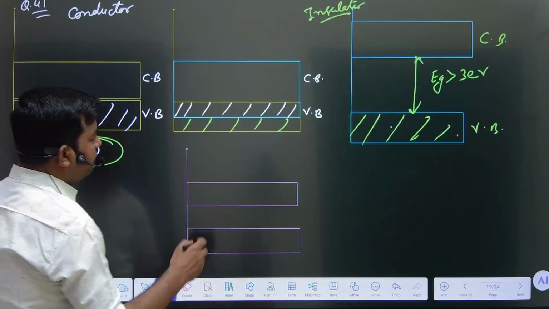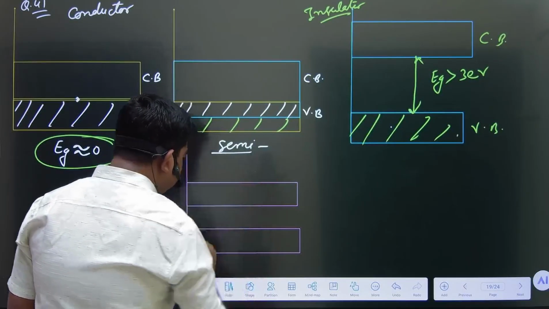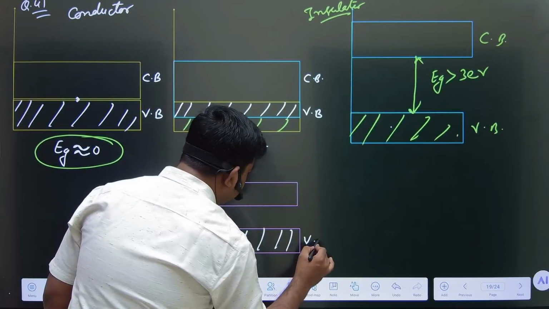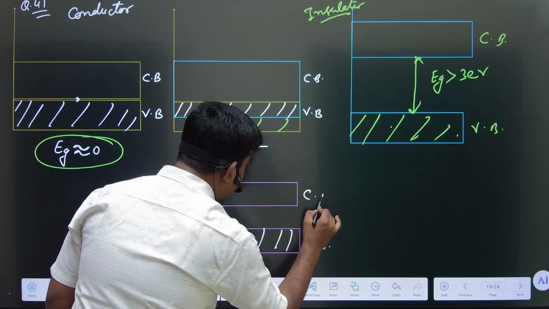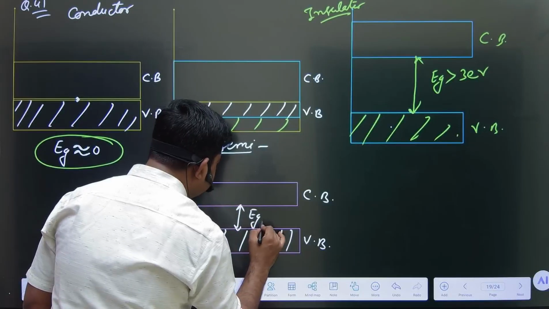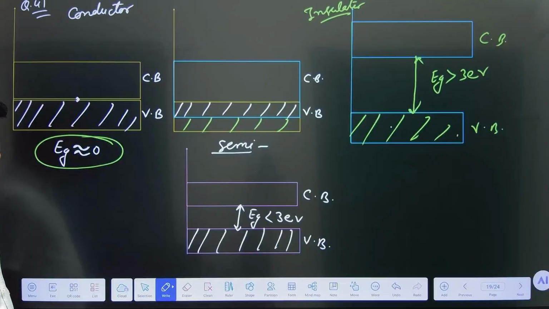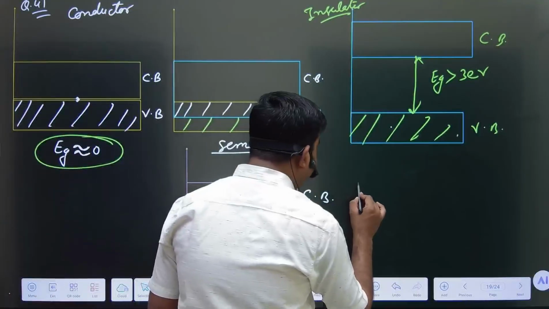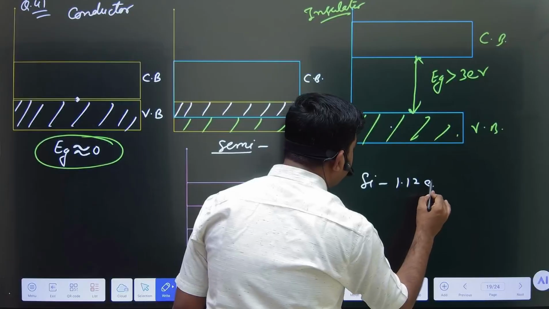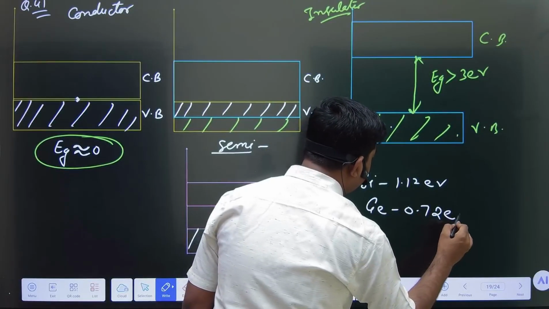Next is the semiconductor. In a semiconductor, the valence band is completely filled with electrons and the conduction band is empty, while the forbidden energy gap between them is less than 3 electron volt. For silicon it is 1.12 electron volt, and for germanium it is 0.72 electron volt.